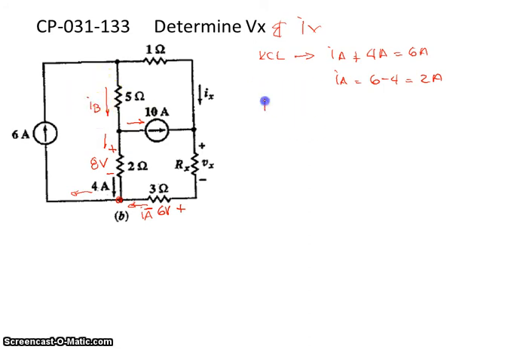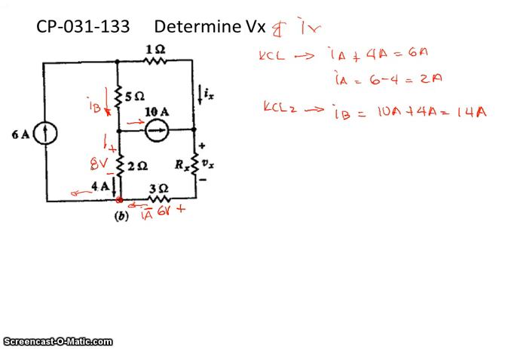So I can write another Kirchhoff's current law, number 2, where I sub B is going to be equal to 10 amps going in this way plus the other 4 going the other way. So I know that I have 14 amps flowing through this 5 ohm resistor.